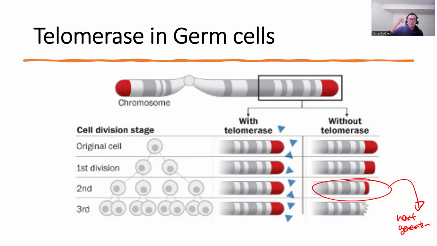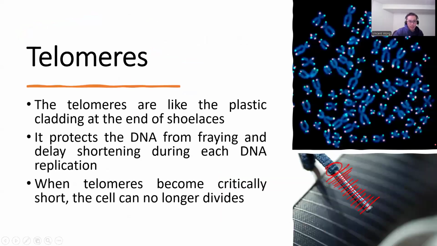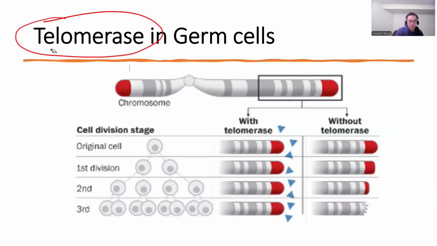Okay, so this actually, even though in theory it sounds like a problem, in reality is not going to be a problem because of this thing called telomerase. Again, I know things are already confusing, and this potentially can make it even more confusing. Do not mix up telomeres with telomerase.